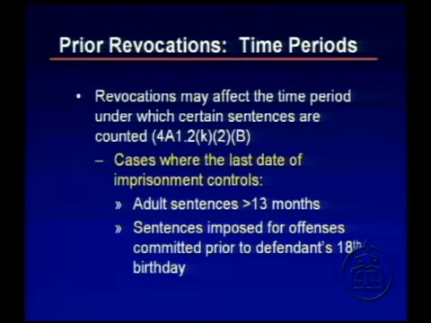And there are 2 particular cases in which the last date of imprisonment controls: adult sentences greater than 13 months, and any sentence imposed for offenses committed prior to the defendant's 18th birthday. What this means is that some prior sentences that would otherwise be too old to count are now going to become countable because of the adding of that revocation time.